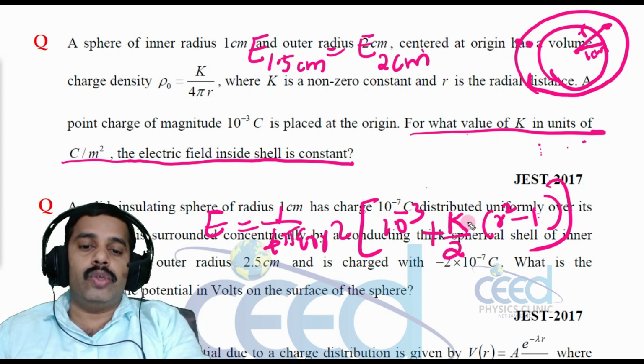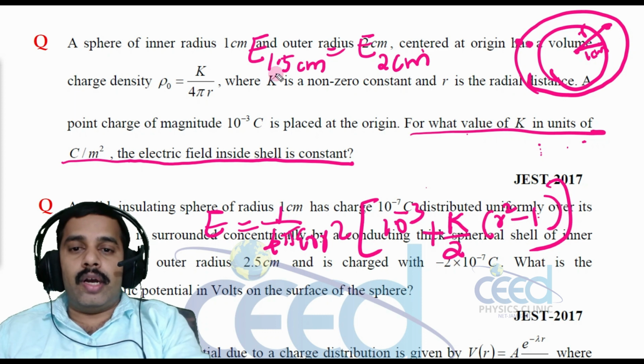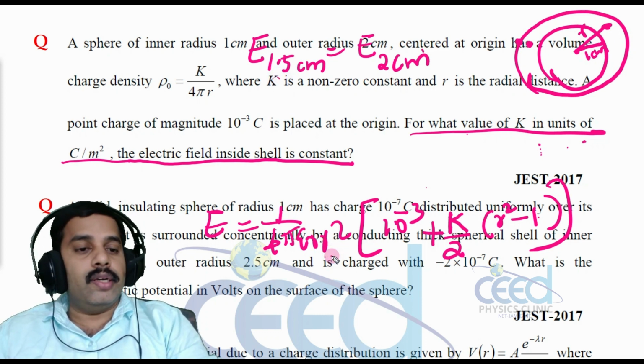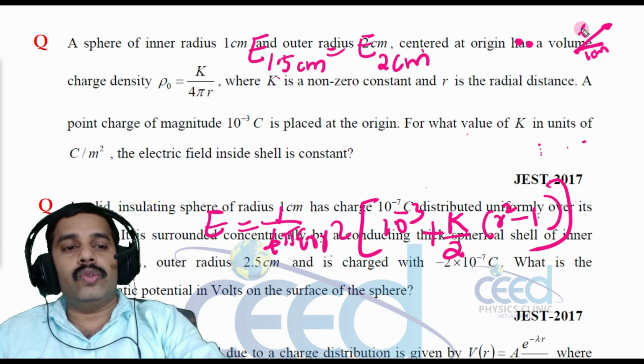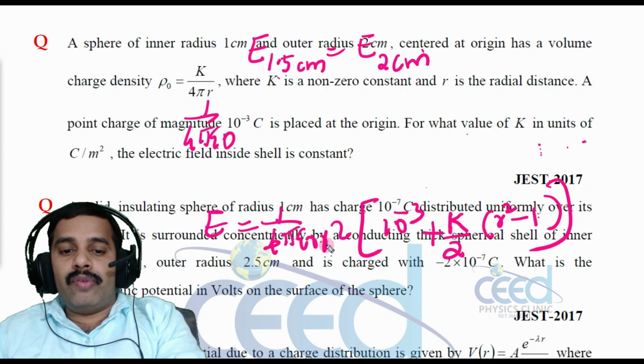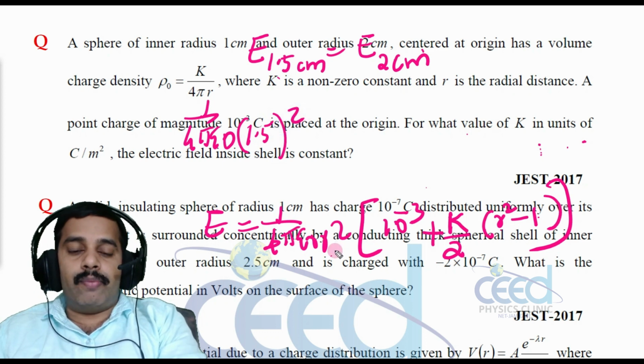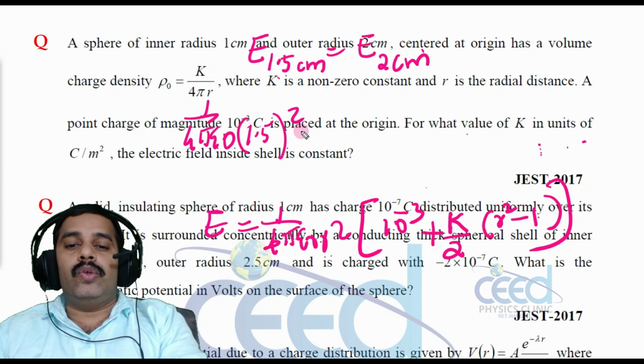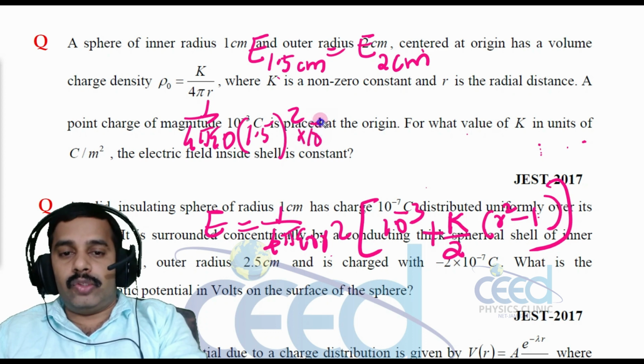Now we can substitute r is equal to 1.5 here, right? So 1 by 4 pi epsilon 0, 1.5 the whole square. It is in centimeter, so you have to multiply with 10 raised to minus 4.